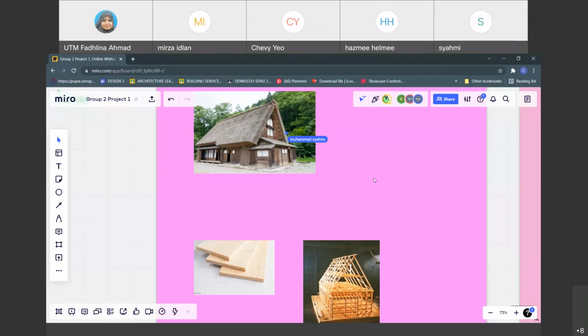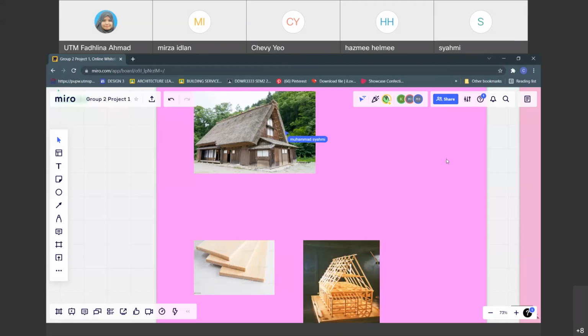So you just cut the section so that the structure of the roof can be exposed. Either one, but we only ask you to do one part of the building. Do you understand, Shami? Okay.